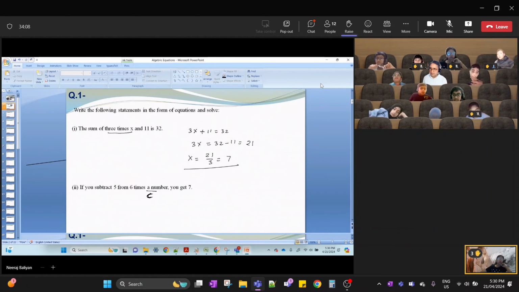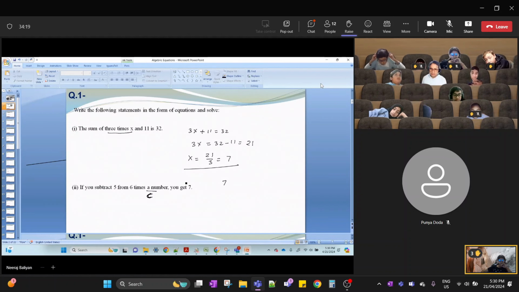The equation would be 7 divided by 6 minus 5 equals c.